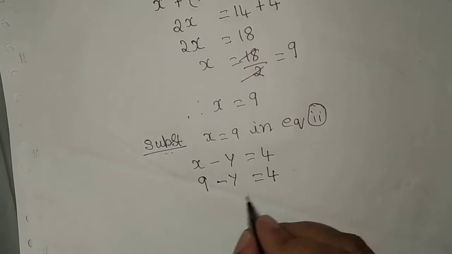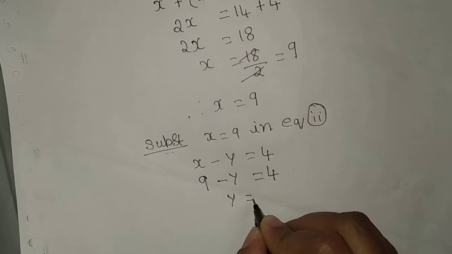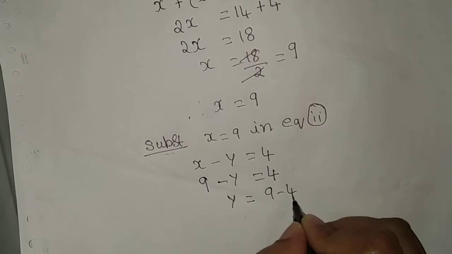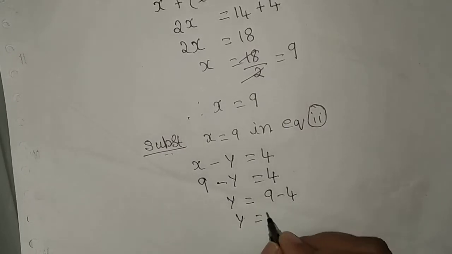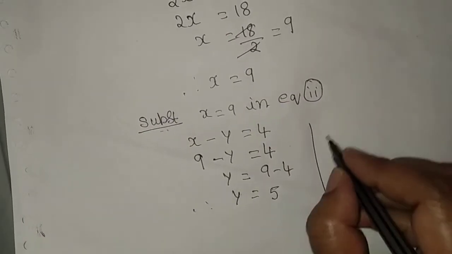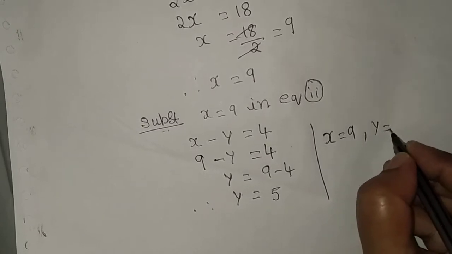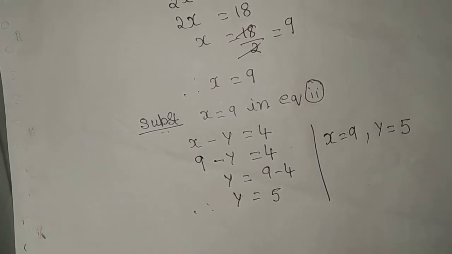Finally y is equal to 9 minus 4, therefore y will be 5. Finally we write x is equal to 9 and y is equal to 5 as the answer for the first one. So we move on to the next problem.